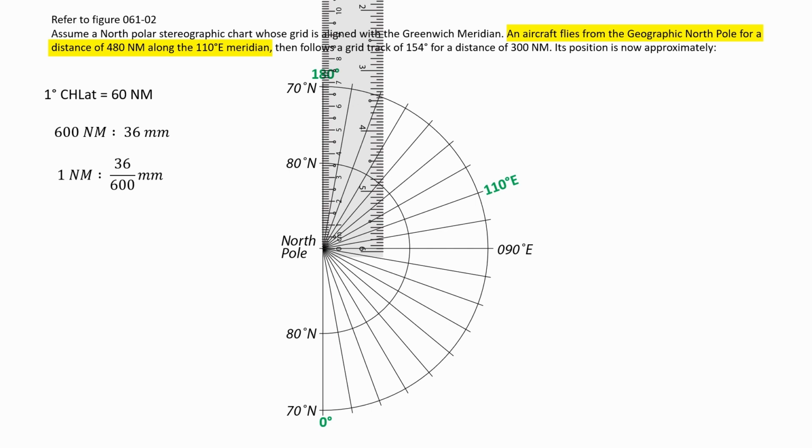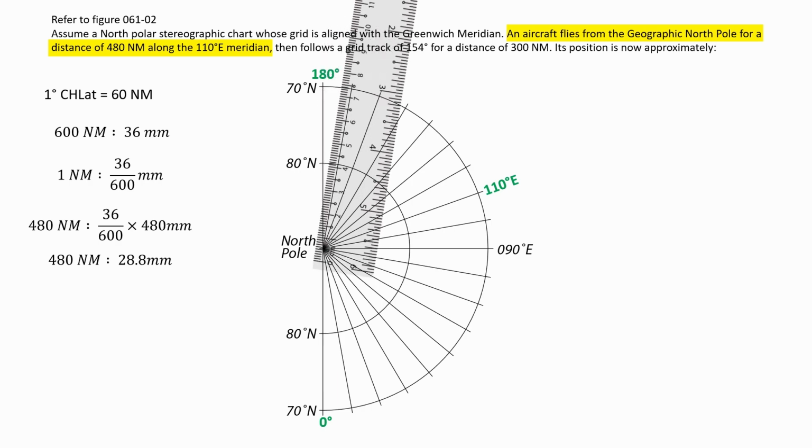Therefore, 1 nautical mile Earth distance is equivalent to 36 over 600 mm. 480 nautical mile is equivalent to 36 over 600 multiplied by 480 mm. 480 nautical mile Earth distance is equivalent to 28.8 mm.